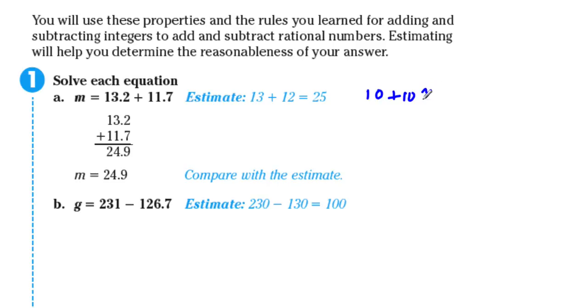So this rounds to around 20, which still makes sense with 24.9. In this case, they rounded to the ones place, because as you round to the ones place, your estimate comes closer to the exact value. In this case, 24.9.